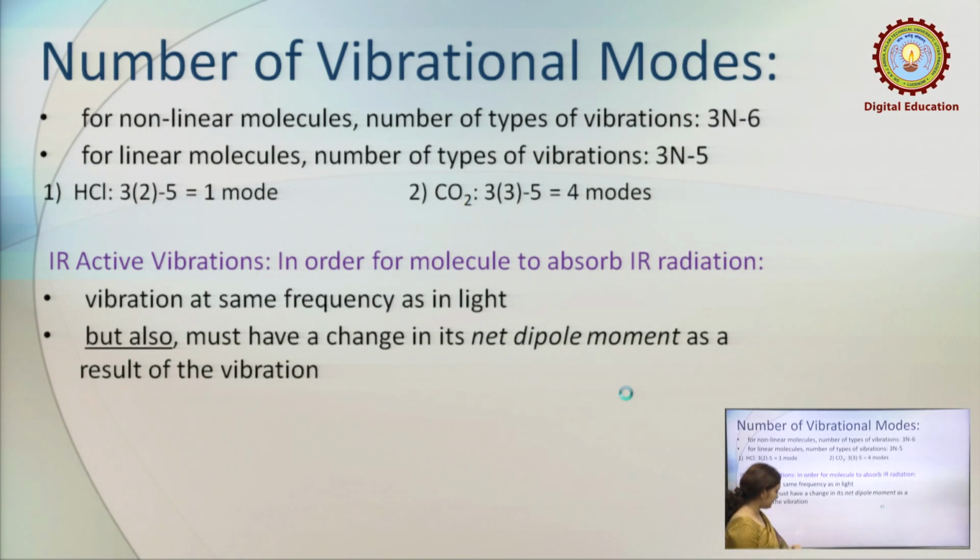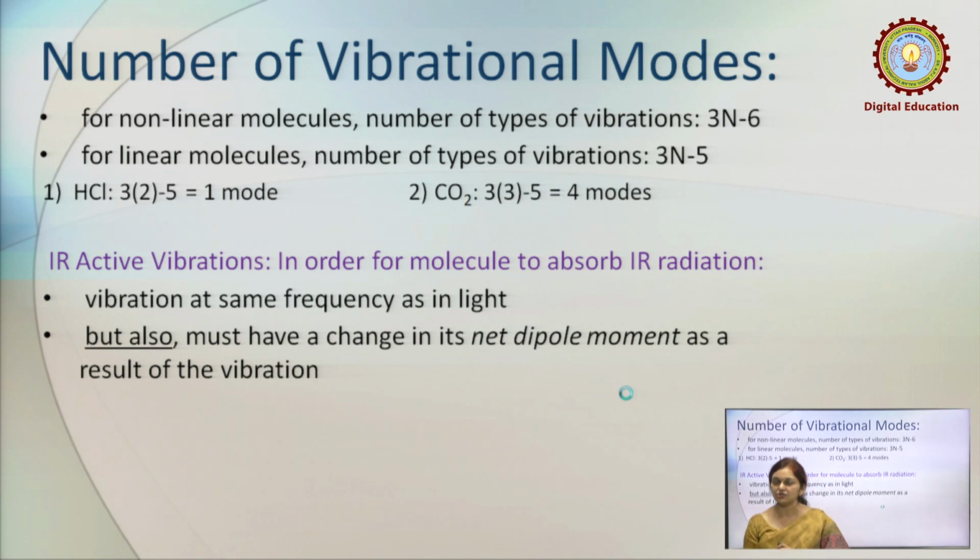Number of vibrational modes. As we discussed earlier, for non-linear molecules the number of types of vibration is 3n minus 6, and for linear molecules it is 3n minus 5. Examples are HCl and CO2, which we discussed earlier. There are two conditions necessary for absorption in the IR region.